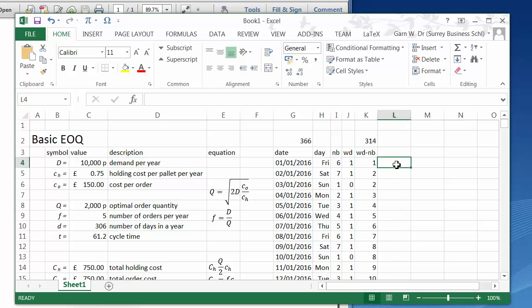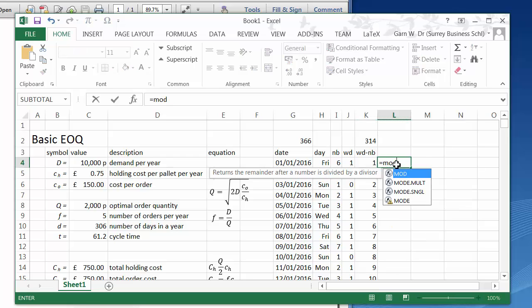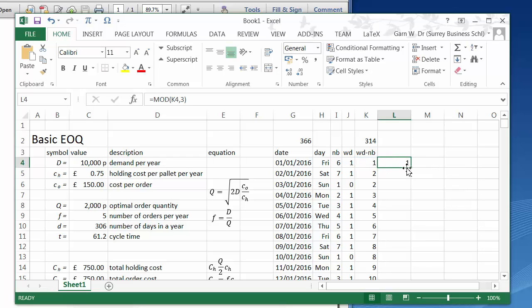So the modulo function: modulo something with, for instance, 3, then we would expect whenever we hit 3 that we get a 0, and then it repeats itself again. So this is a nice identification for our cycle time.